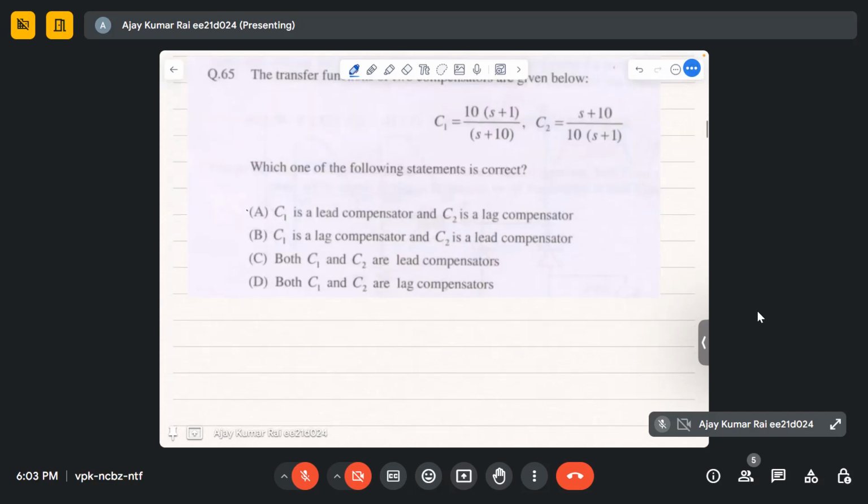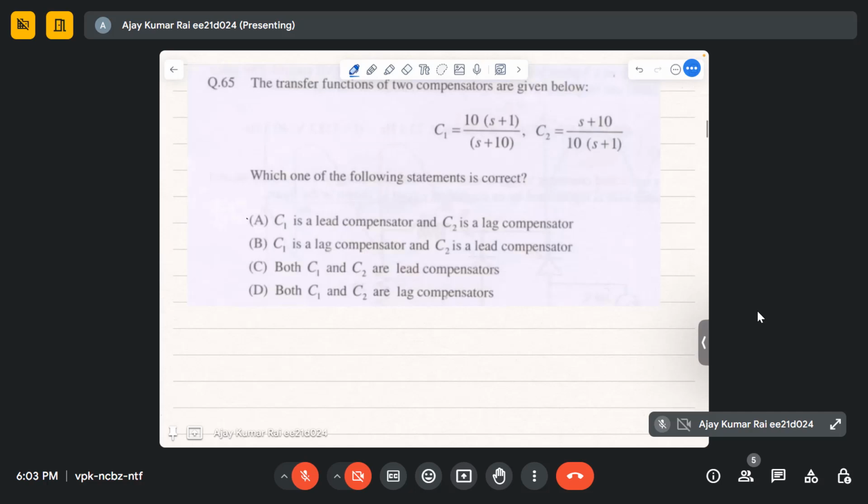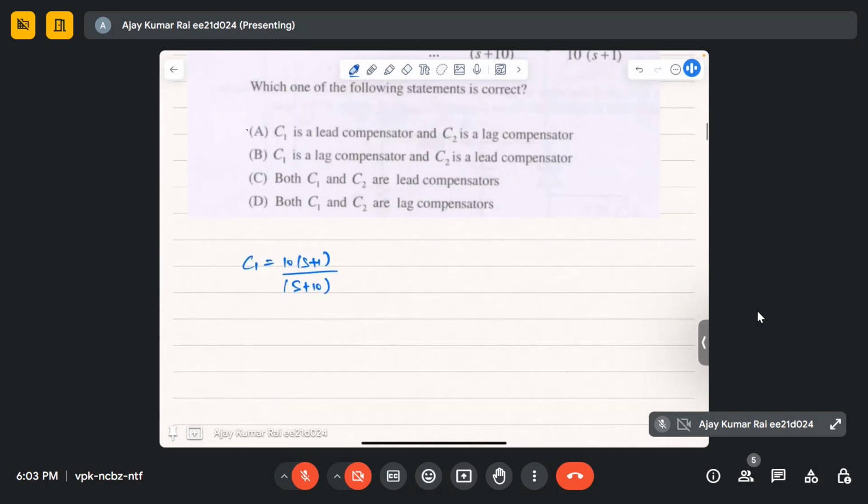So C1 and C2. For C1, this is the transfer function. You know how to draw the asymptotic Bode plot. The corner frequencies are simple, so let me write it in the form that we have studied.